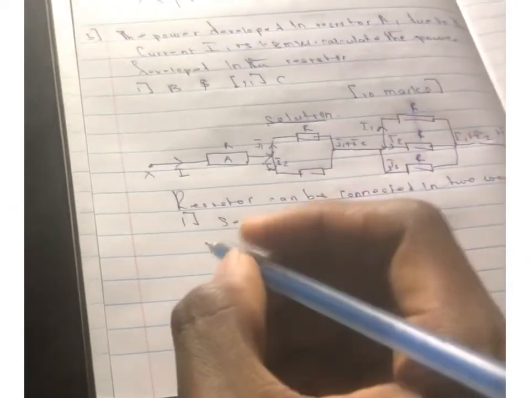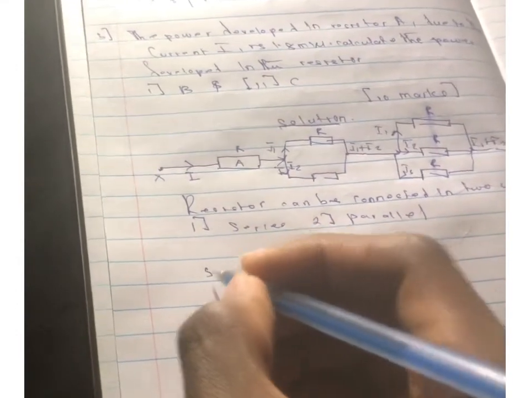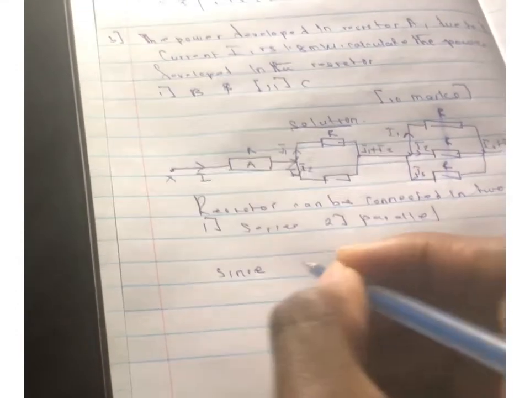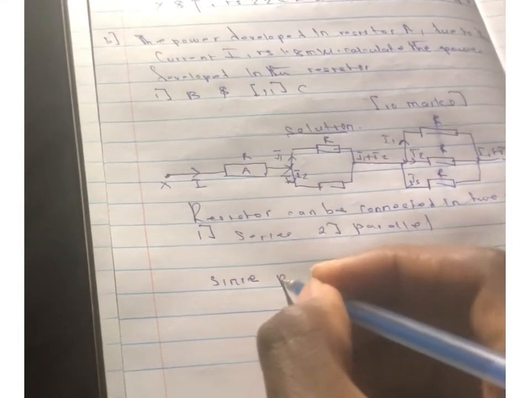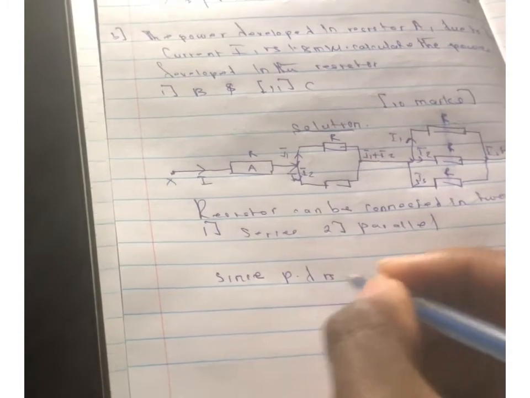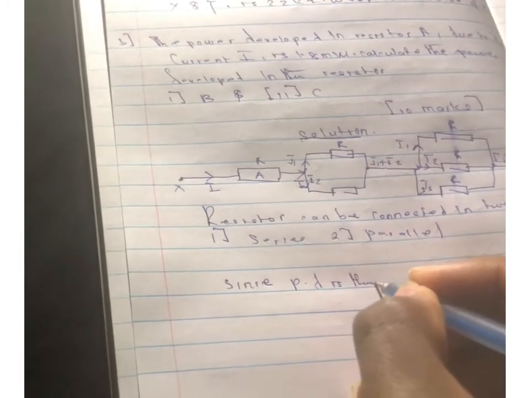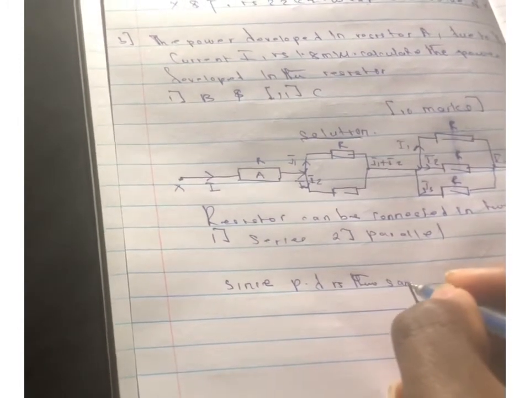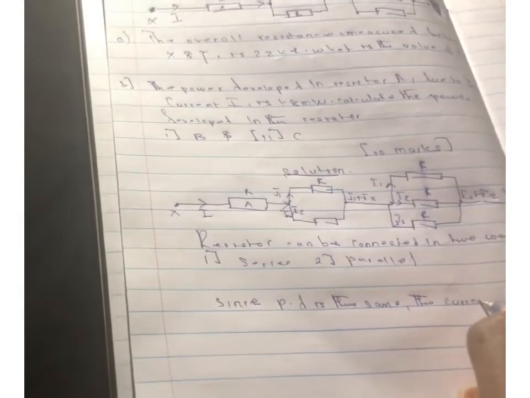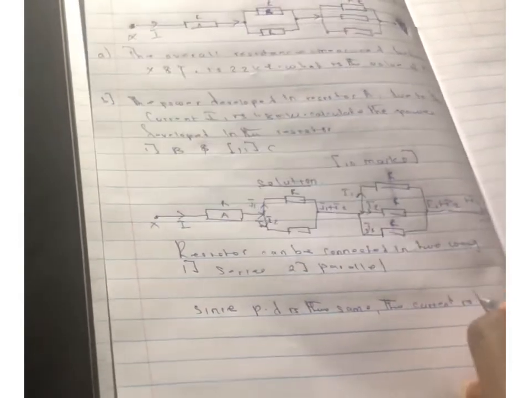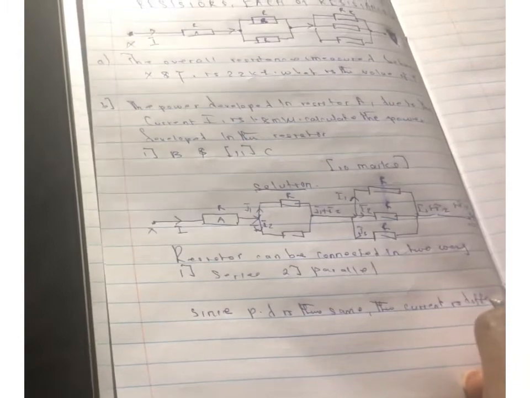So therefore, we can now resolve this by saying, since their potential difference is the same, the current is different.